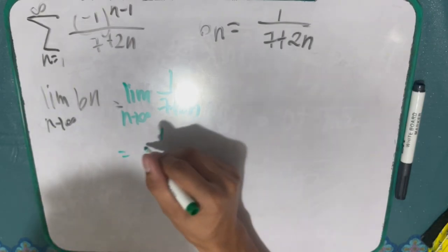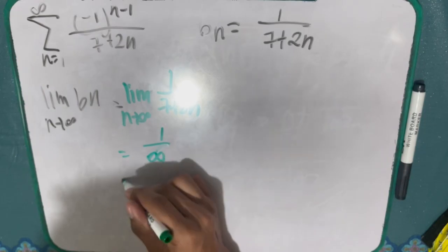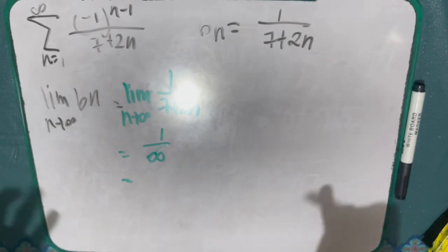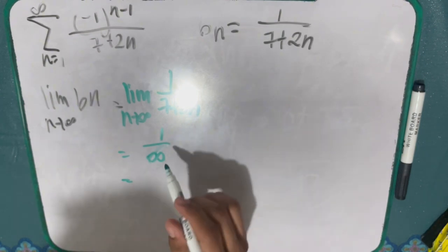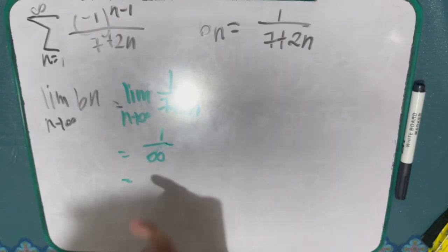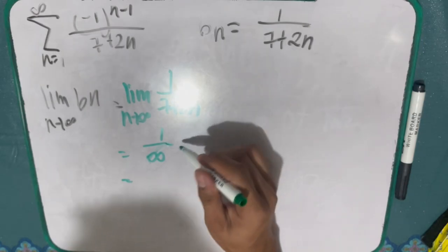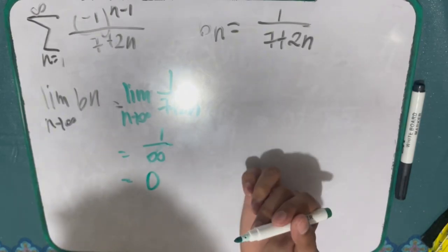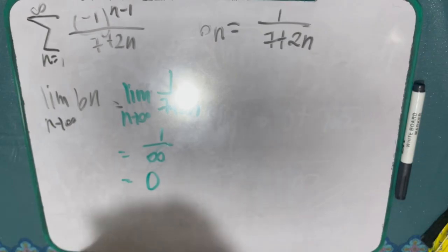So we have 1 over infinity. By the limit theorem, we know that a number in the numerator divided by a denominator which is infinity would be equal to 0. So the limit is 0, which means the first condition is met.